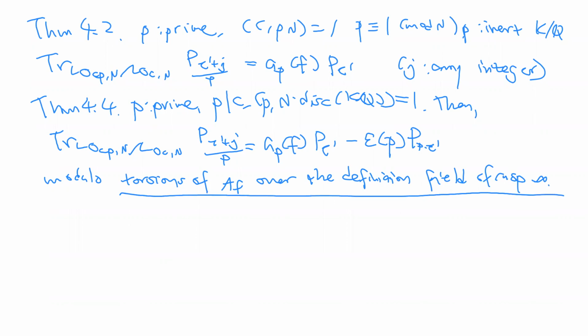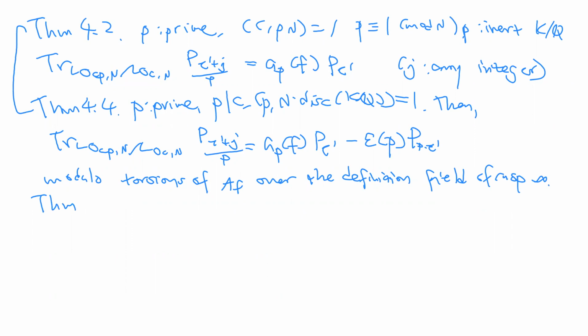By multiplying some fixed number to everything, you can actually get rid of this condition. So I'm saying that it doesn't seem to be a big deal. Now, these two are sort of distribution relations or norm relations. Now there's a congruence relation, just like in Kolyvagin's work.